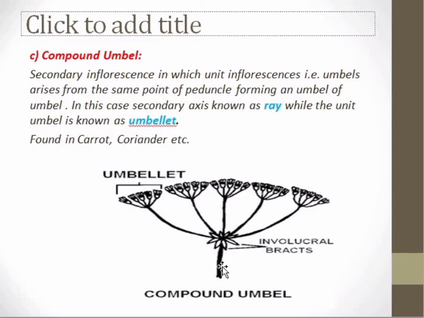In a simple umbel, this was the peduncle, and from this point all the flowers arise, but in this case there are involucral bracts or a ring of bracts, and from this point umbellets or small umbels arise. So this is an umbel of umbels. It is found in carrot, gajar, coriander, dhania, etc.